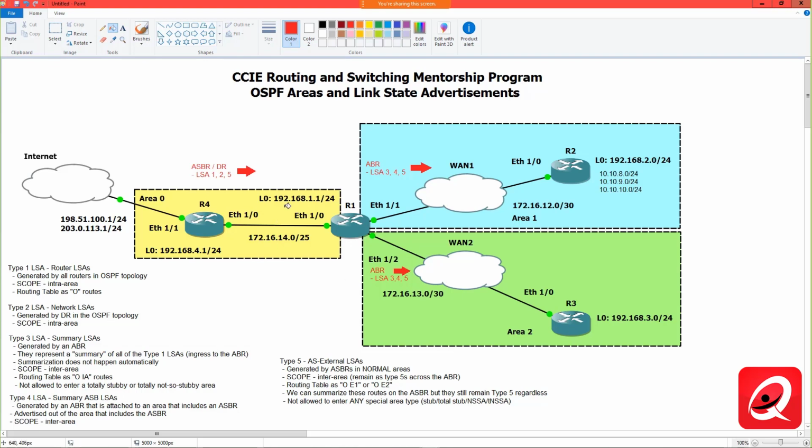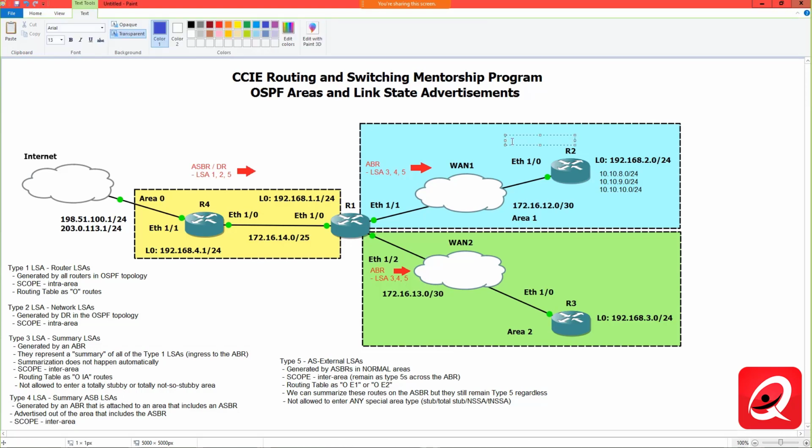Conversely, coming from router 2, obviously router 2 is going to be generating its own LSAs. Let's go with dark blue in this case. So router 2 is just an internal router.